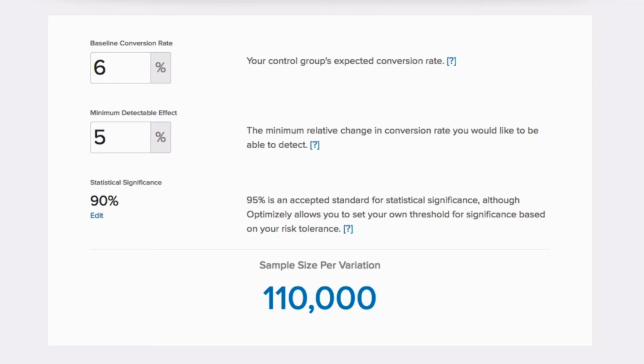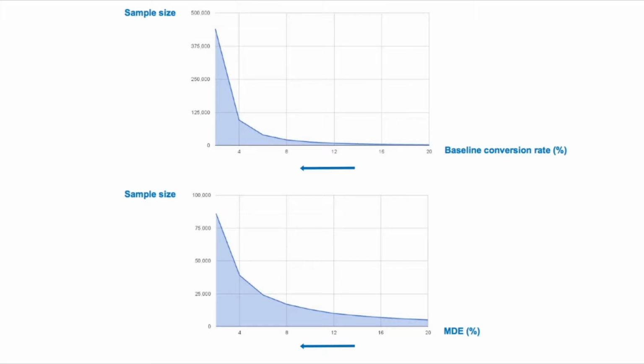If we are running a classic A/B test with one original version and one variation, then the total sample size would be that number times 2. The basic relationship here is the lower the baseline or the minimum detectable effect are, the higher the sample size per variation.